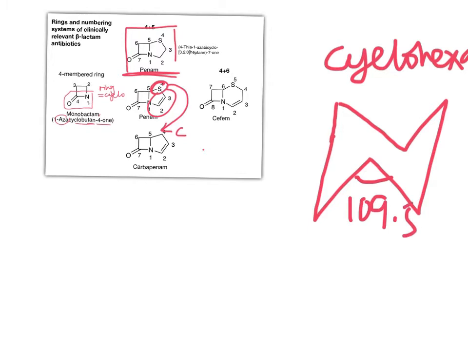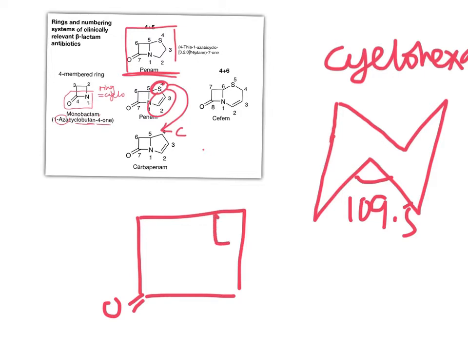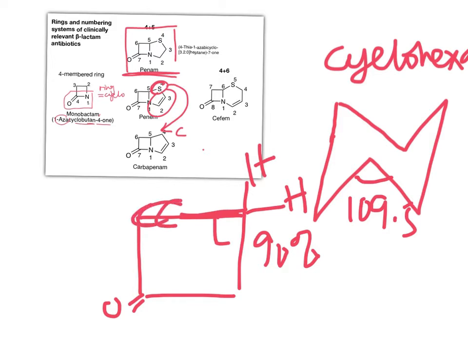You compare now with the cyclobutane. So the angle here is, when I say angle, this would usually be hydrogen, and you have carbon here, this is a carbon. Think again in terms of orbitals.